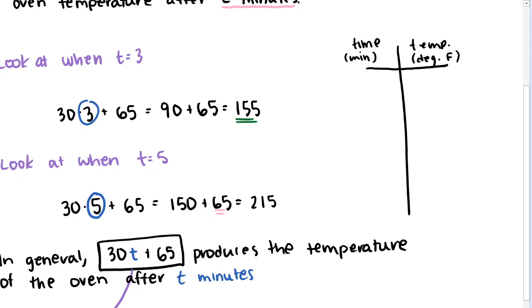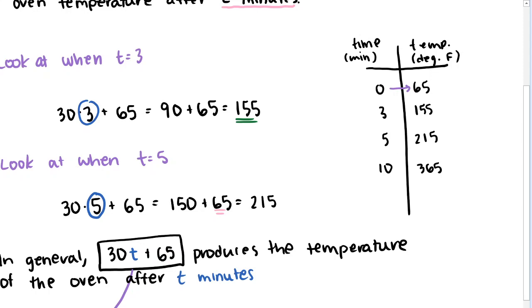We've made a table many times before, and here we've now found a few different pairs, right? 0, 65, 3, 155. What else happened? We did 5, 215, 10, and 365, and we found a pattern to get from our time to our temperature. Right? This is what we did in the past.